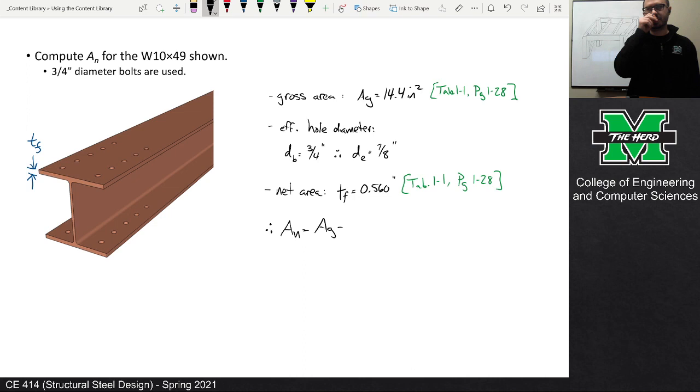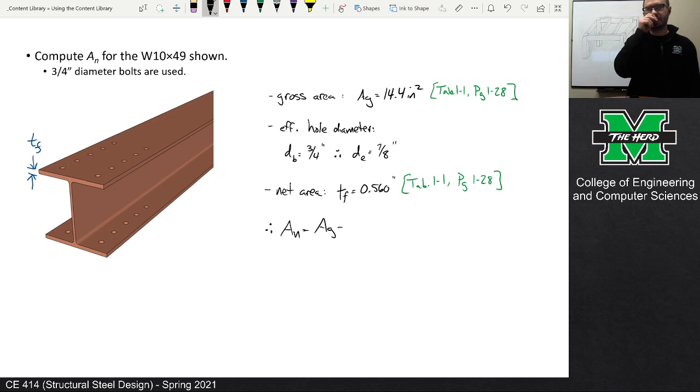So this is going to be 14.4 square inches minus 4 times 7/8 times 0.56. And Trevor's saying that is 12.44 square inches.